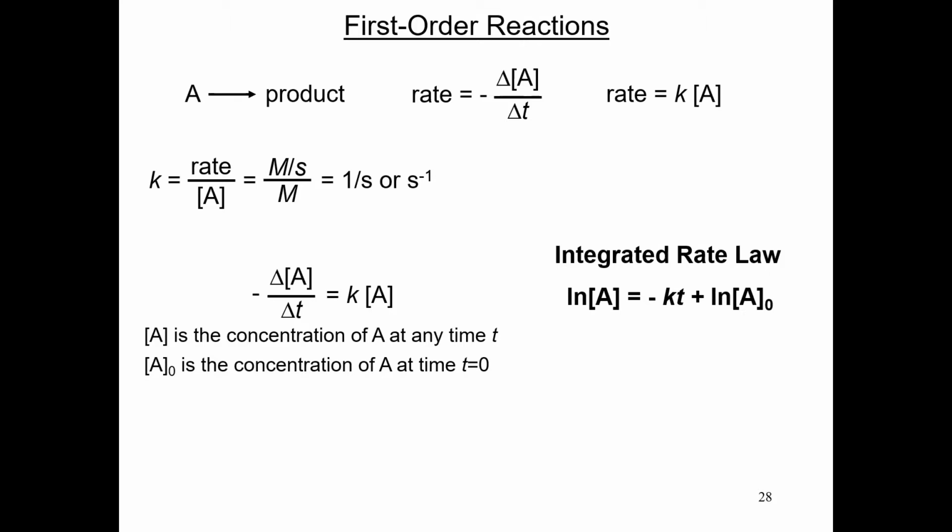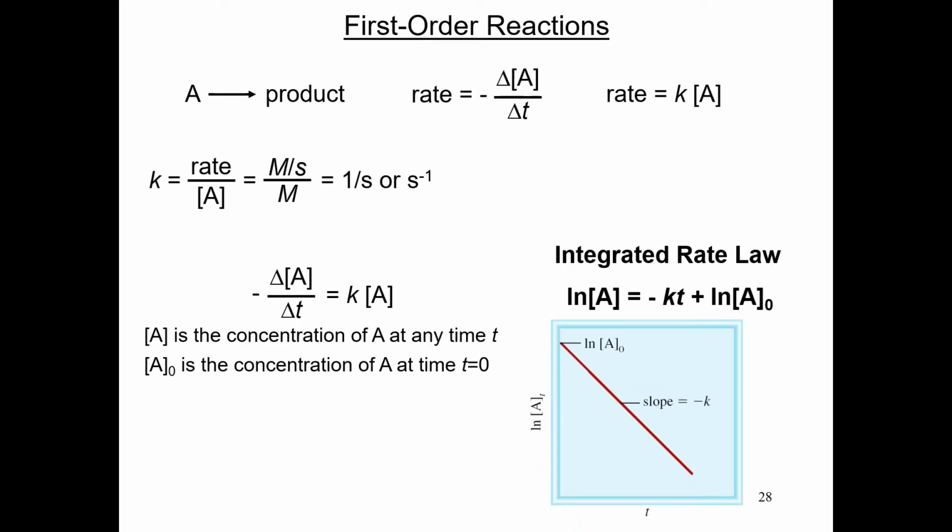Where if you were to plot the natural logarithm of A versus the time, you would get a straight line where the slope equals minus k, and the intercept on the y-axis would be the natural logarithm of the initial concentration of A, which makes it then very useful in some analysis we're going to do later on.